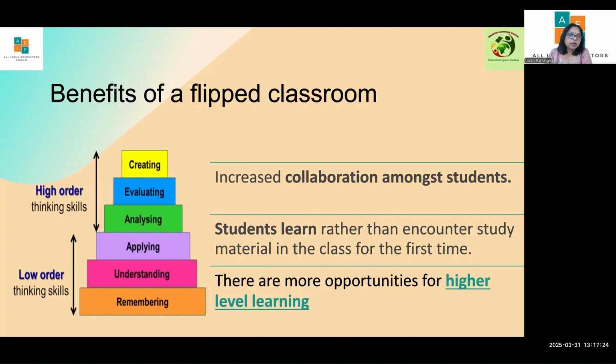They will also be able to evaluate and create, that means innovate. So here we can see further that collaboration amongst the students increases. They actually encounter the material beforehand rather than seeing it for the first time in the class. This leads to opportunities for a high level of learning.